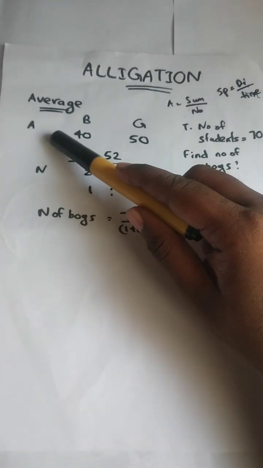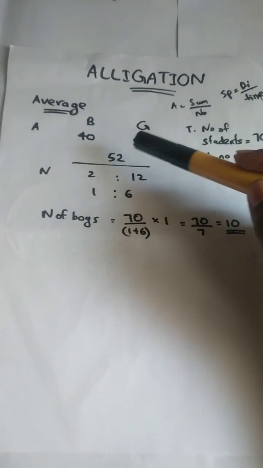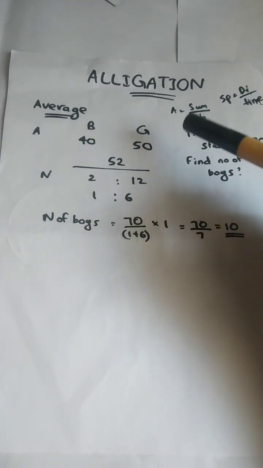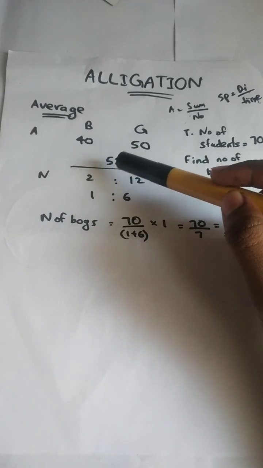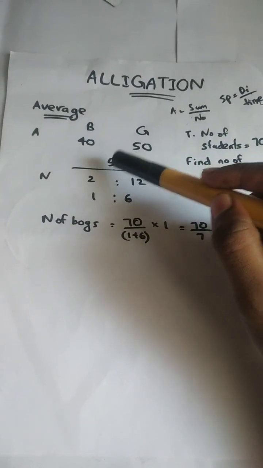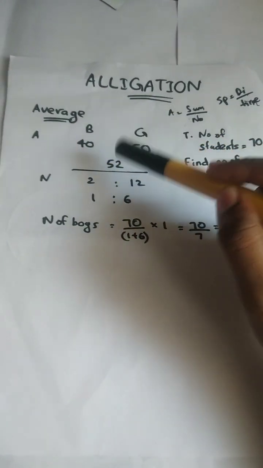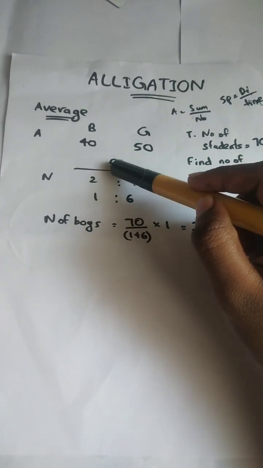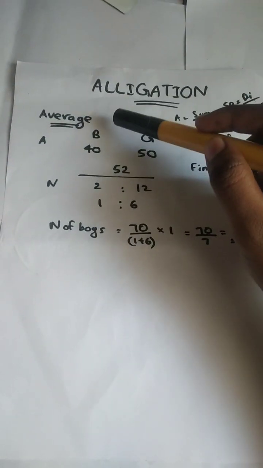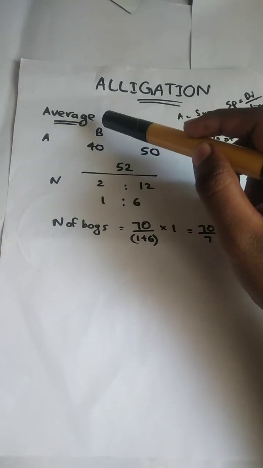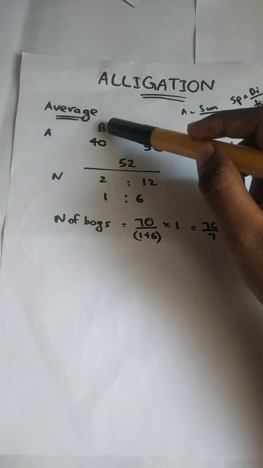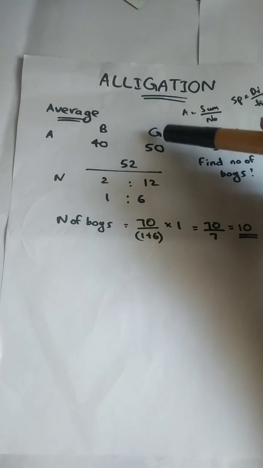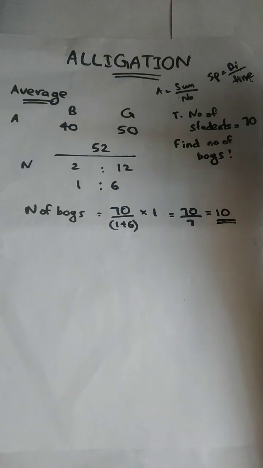First we write the averages. The total average is 52, and the total average is always in the center. So 52 should be written here, and boys and girls on the sides. The average of boys is 40 and the average of girls is 50.